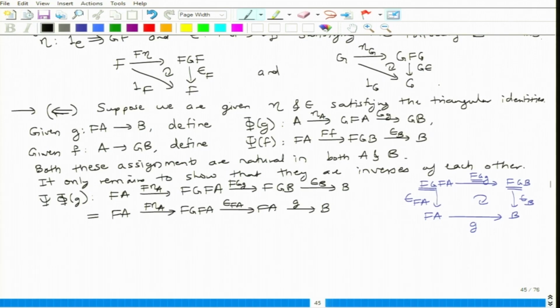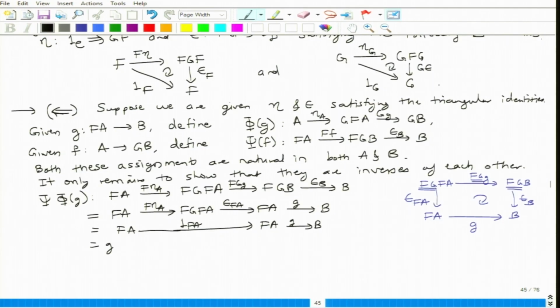We have to take its component at A. Then this simply means the identity 1 FA followed by g, which is precisely g. Yeah, this is happening via the triangular identity.